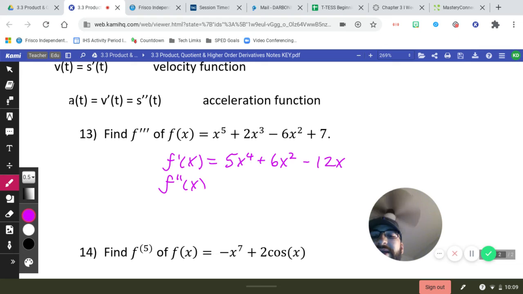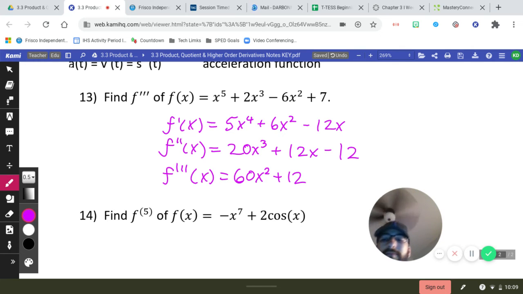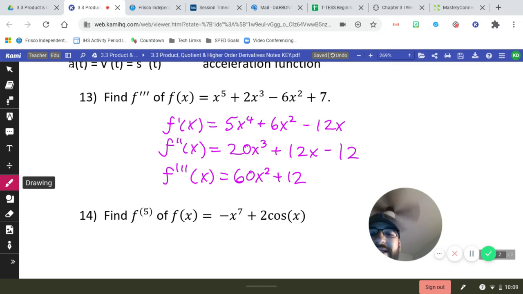F double prime of x is equal to 20x to the third plus 12x minus 12. And f triple prime of x is equal to 60x squared plus 12. So you just derive, and you just keep deriving. Nothing too crazy to finding higher order derivatives.